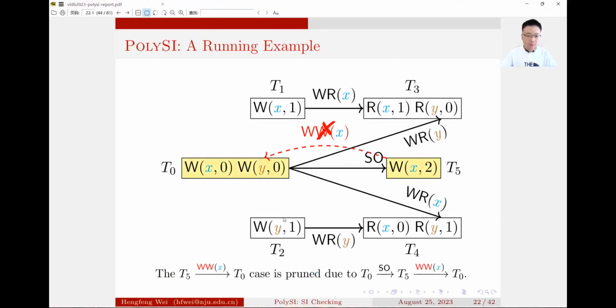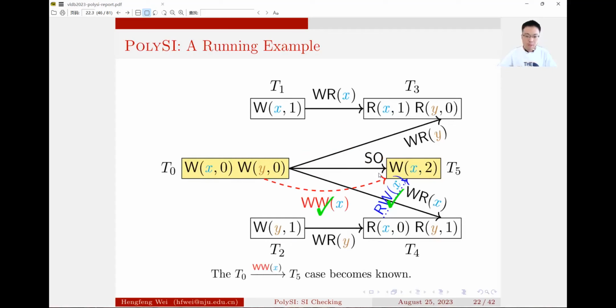First, consider T0 and T5. Because T0 is before T5 in the same session, we can infer that the WW dependency from T5 to T0 can be safely pruned due to this cycle. Therefore, the other direction from T0 to T5 becomes known.